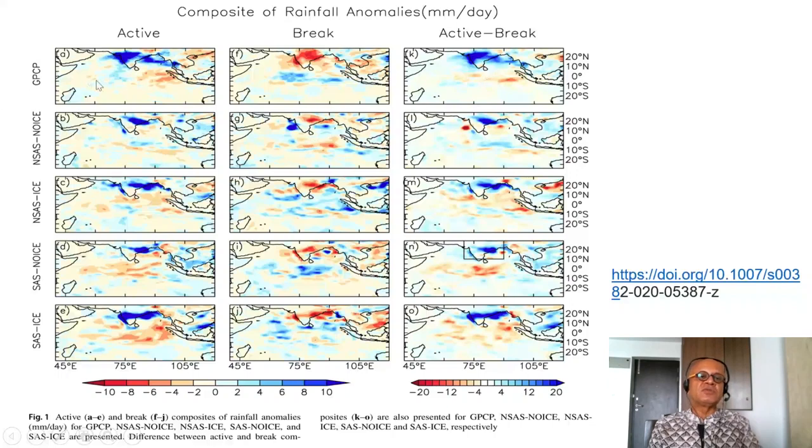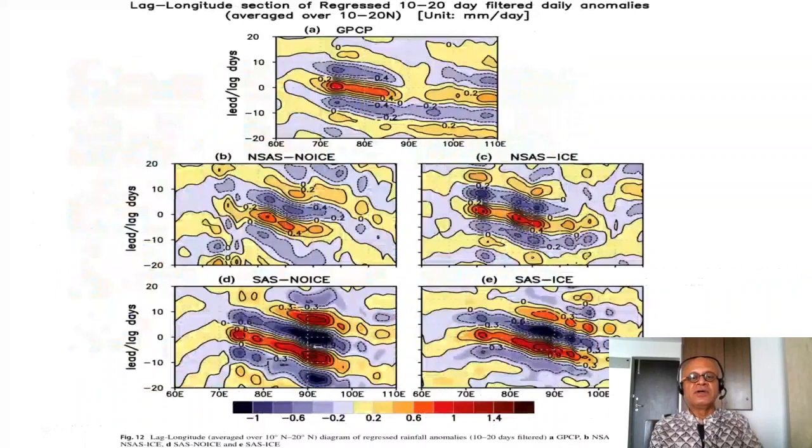So this is the observations as seen in GPCP, Global Precipitation Climatology Project, and these are the different parameterizations that were tried: NSAS with no ice, NSAS with ice, SAS no ice, SAS ice. And then recommendations are made in how to improve the microphysics to improve the rendition of the active break periods and the MISOs.